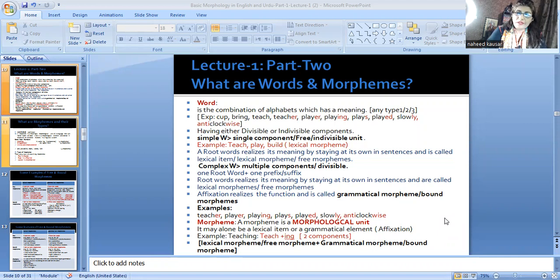Students, I should say that the learners or students of early semesters of linguistics are usually confused and unable to get the idea about the dividing line between words and morphemes.